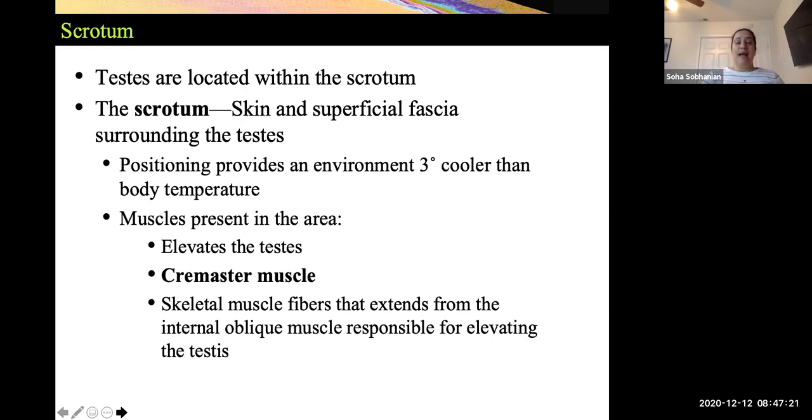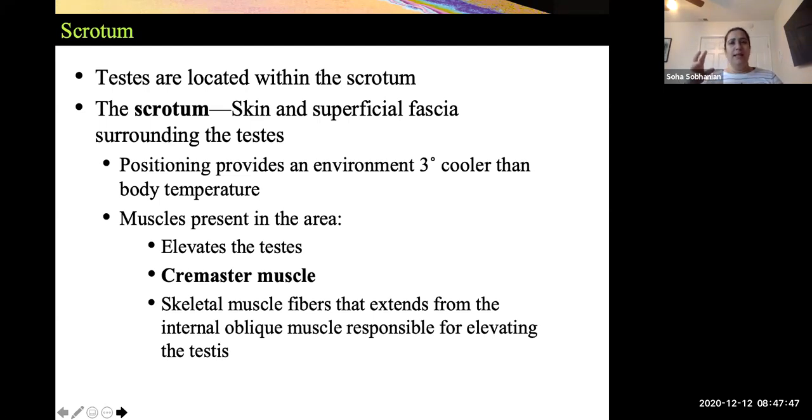So the next thing we have is the scrotum. The scrotum is basically the skin that surrounds the testes, so it's protective. A really cool fact about the scrotum is that the muscles and skin are relatively loose around the testes to keep them slightly below and away from the body.